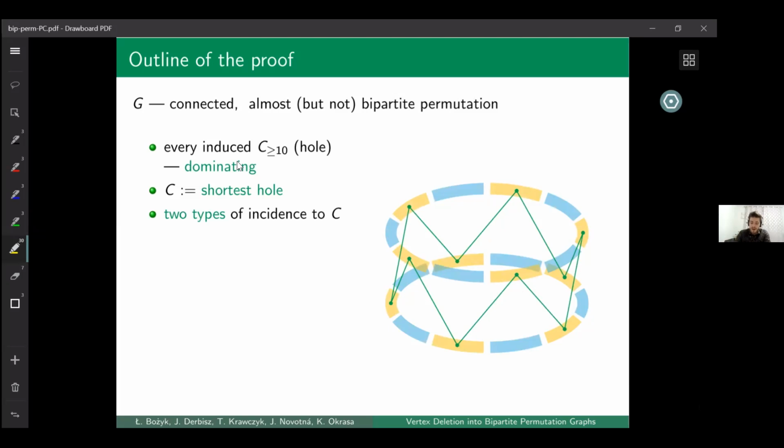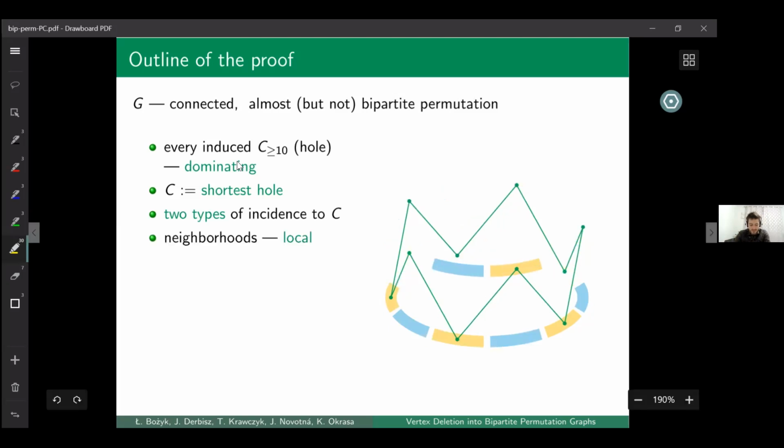And after doing so, we can prove that the structure of our graph is local in the sense that all vertices have their neighbors only nearby. So the neighborhood of this vertex is entirely contained within the classes that are on the other side of the picture, but close on this strip. And similarly for vertices of the other kind.